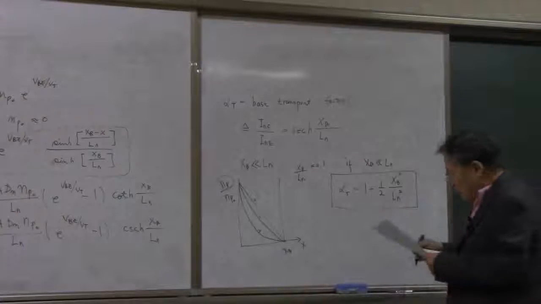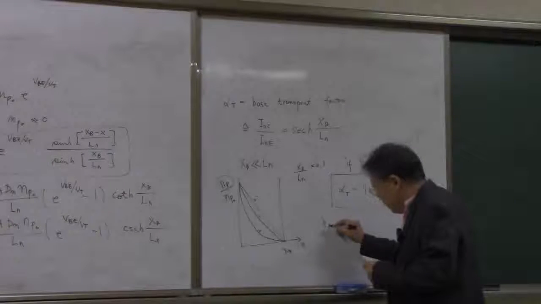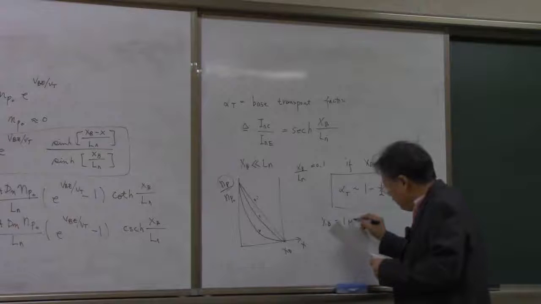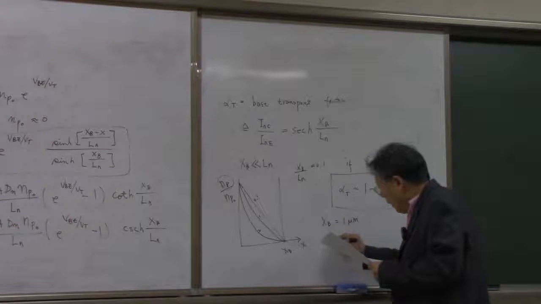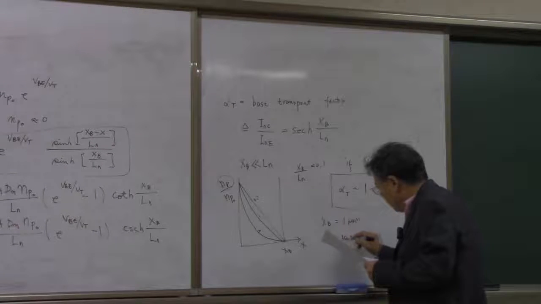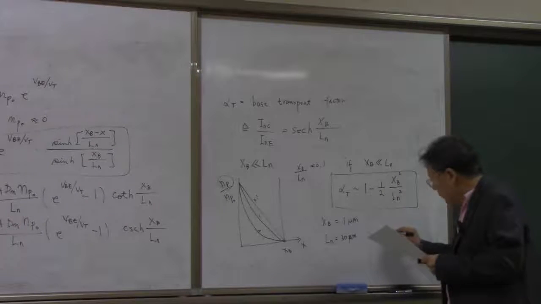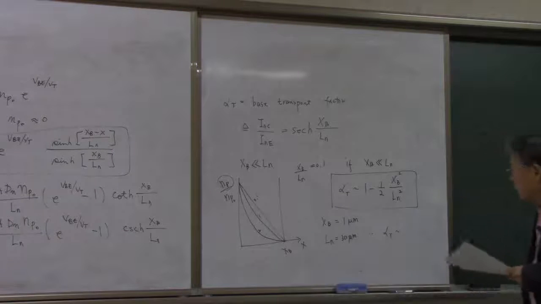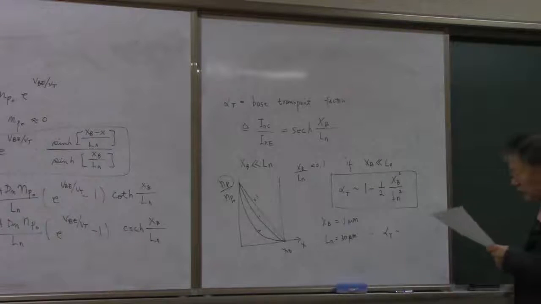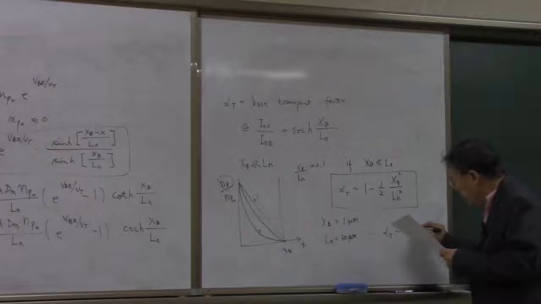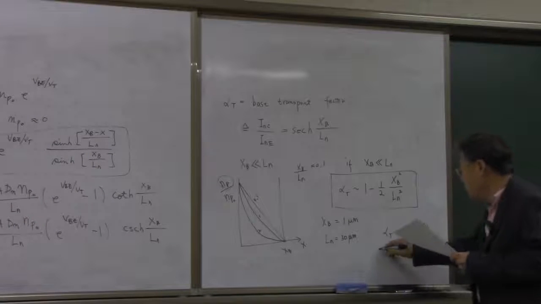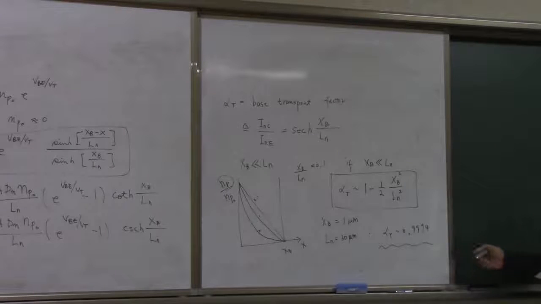In general, xb is about 1 micron, and ln is about 30 microns. So the transport factor is about 0.9994. It's very close to 1, which means none of the electrons is really recombined in the base.